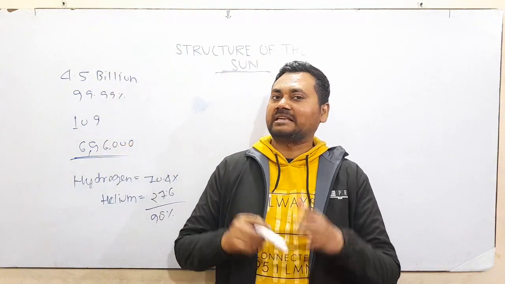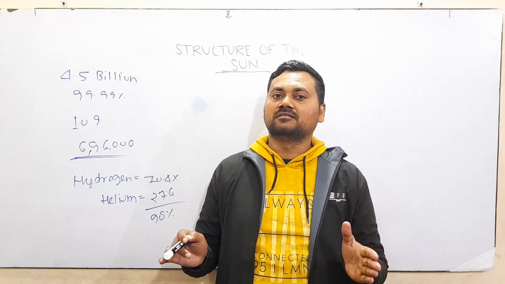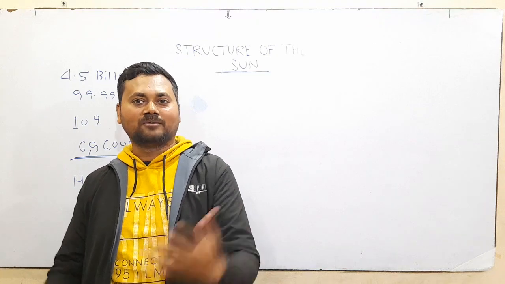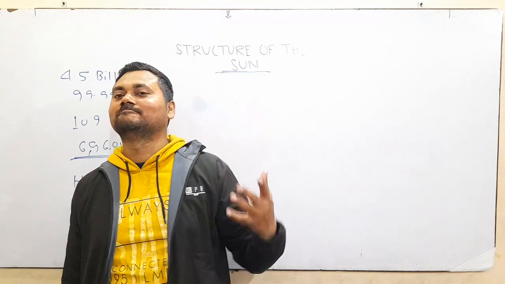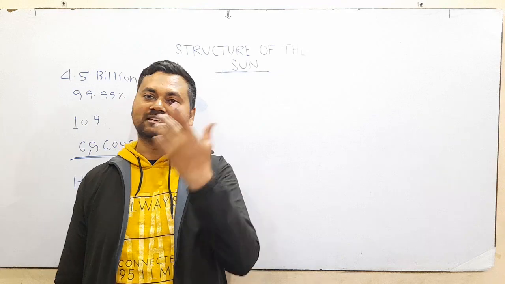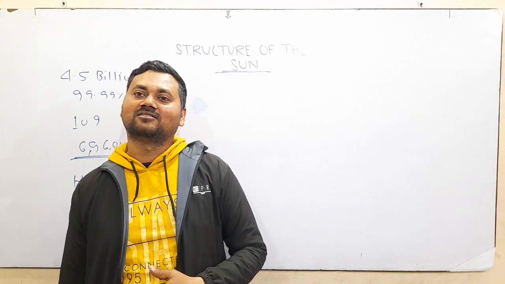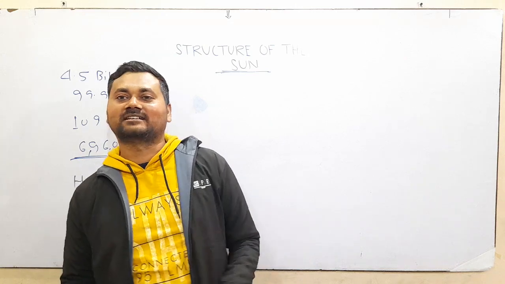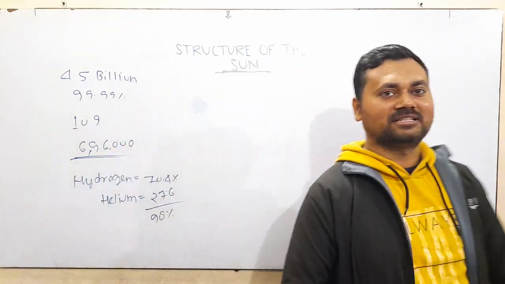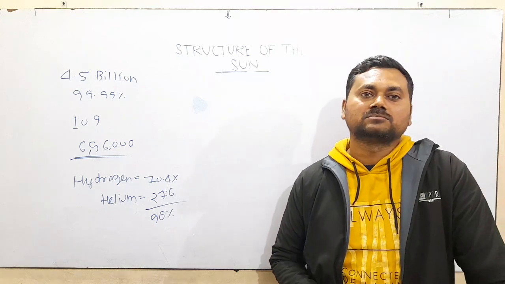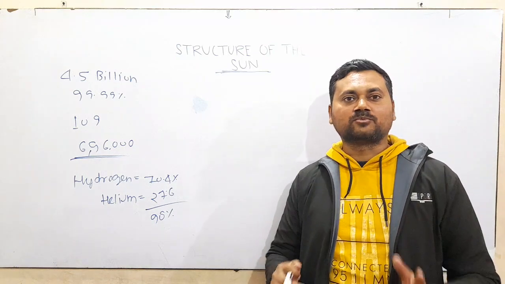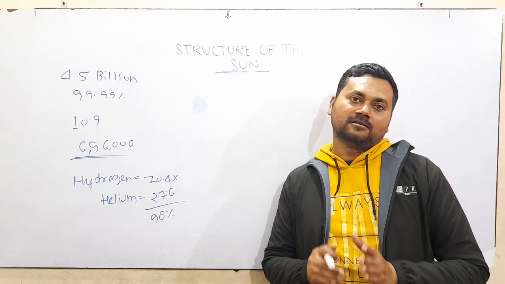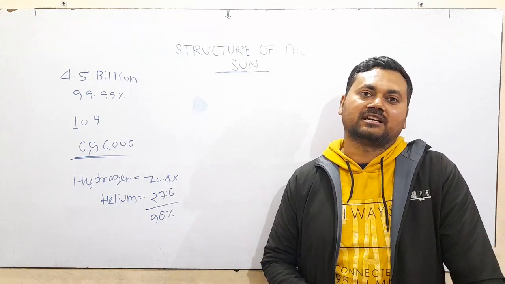In nuclear fission, the atoms are divided, and the bomb which was thrown by the USA in Japan, or the Pokhran experiments which happened in 1974 and after that in 1998, are based upon nuclear fission, where the division happens.